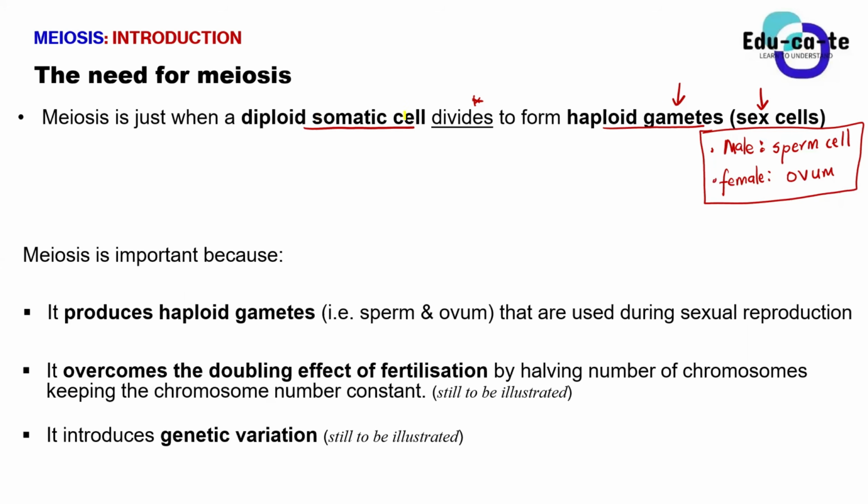The body cells, the cells that are making up your body, actually divide so that they can form the sex cells. So for you to have sperm cells for male and ovum for female, it is because your body cells have undergone the process of meiosis. Are we together?